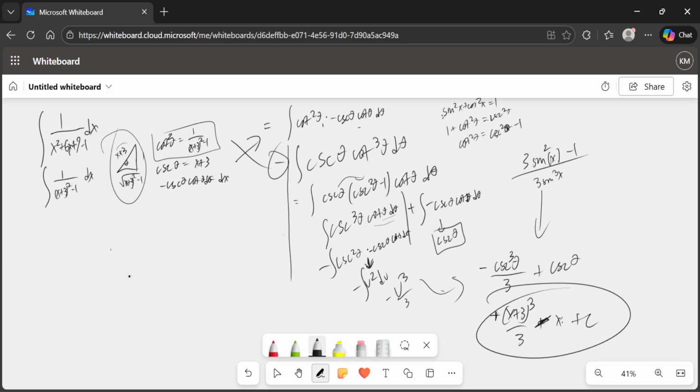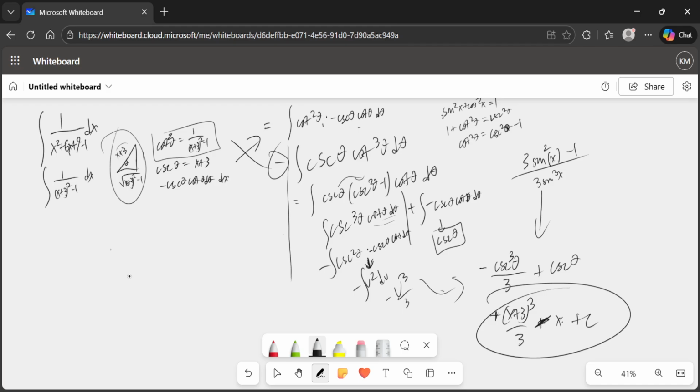So let's see. We have 1 over x cubed minus 1 squared cotangent theta. So that goes to that.